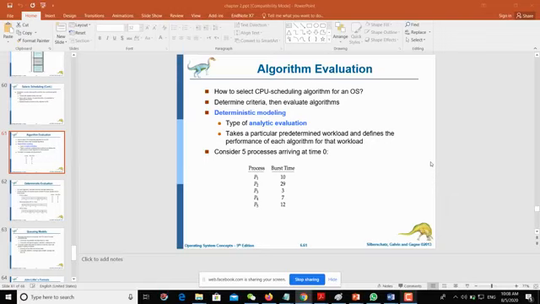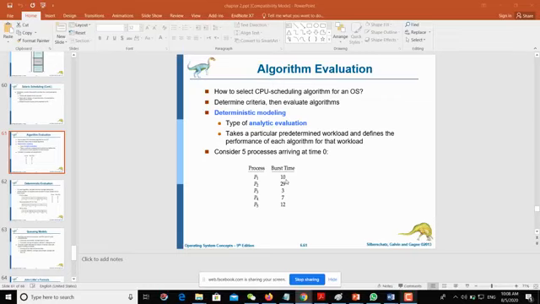Let's suppose we have 5 processes arriving at time 0. P1, its burst time or execution time, is 10 milliseconds, whatever the unit is.